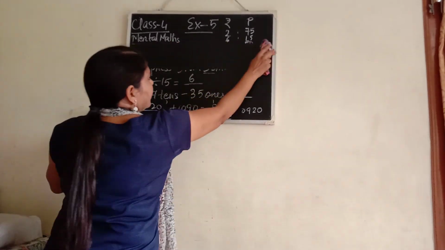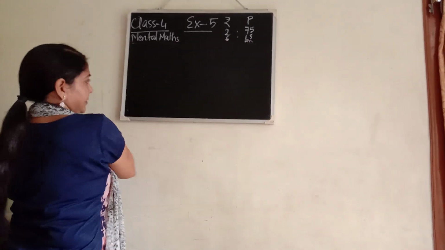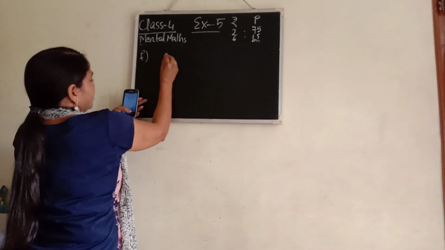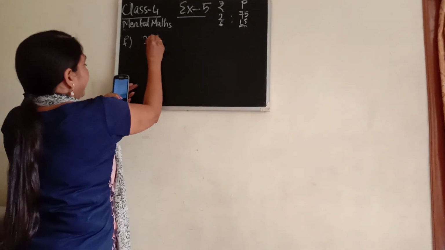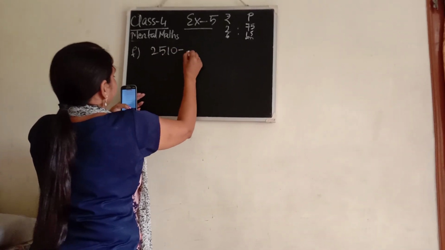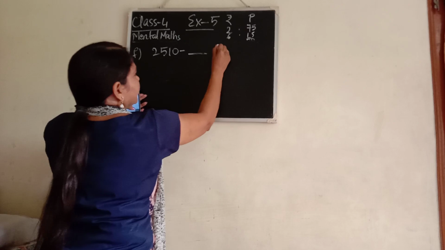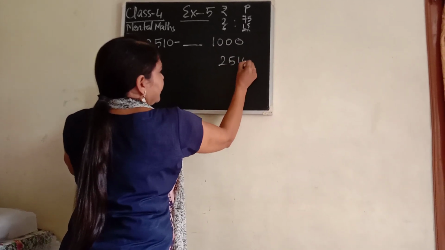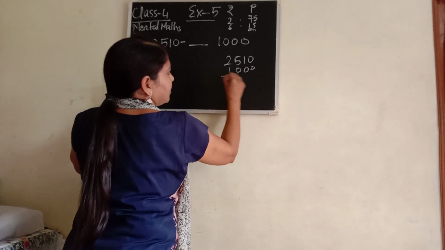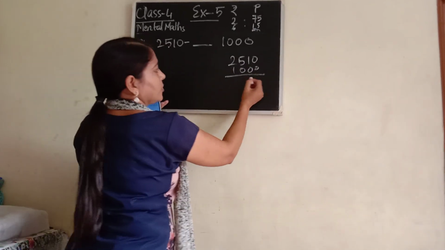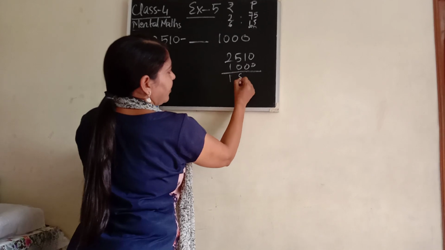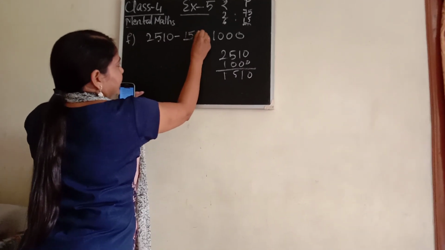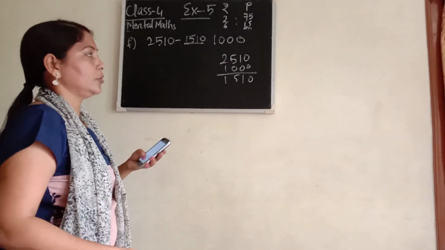See, this is number F. So you will do 2510 minus this much. Okay. So what comes? 1510. So you will subtract 1510, then you will get 1000.